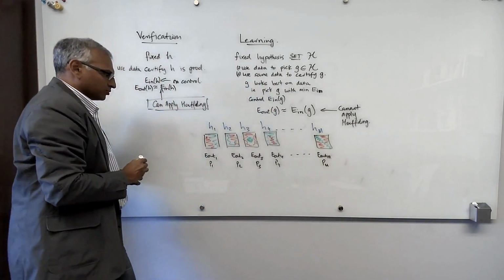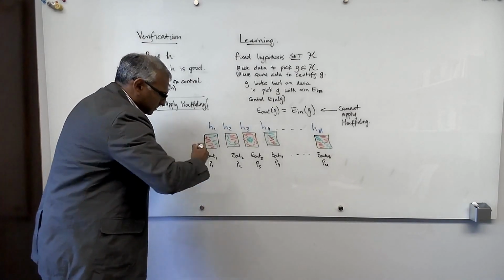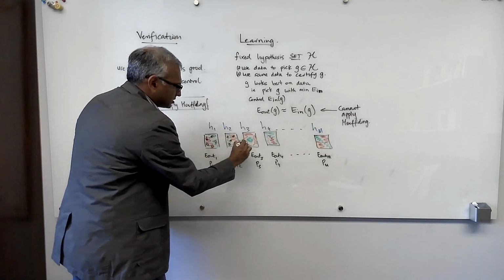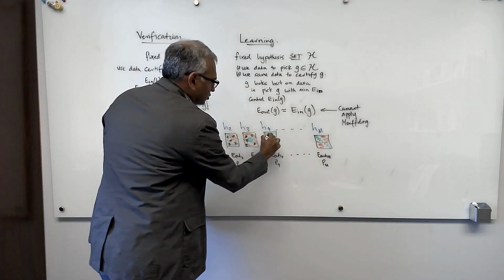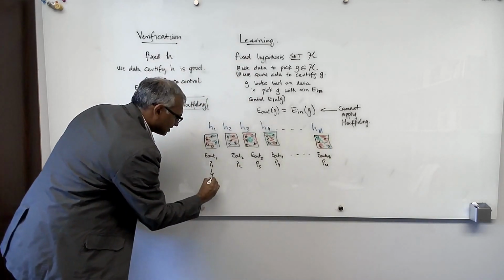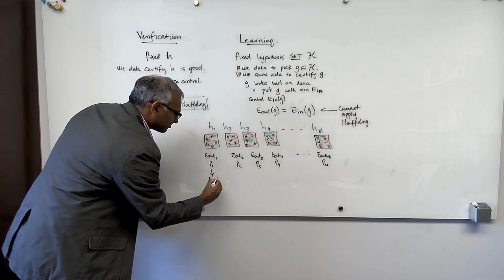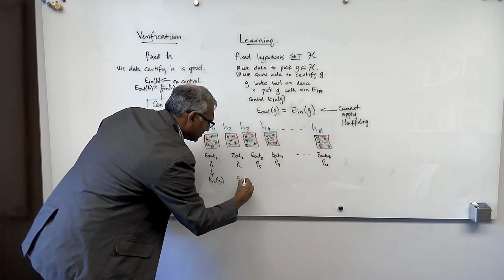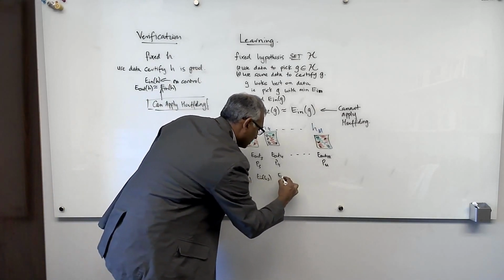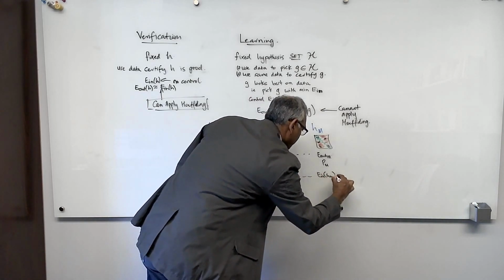Now, you generate a data set. You generate some points, and it's the same points for each, and you use these points to evaluate each hypothesis. Each gets an E in: E in of H1, E in of H2, E in of H3, E in of H4, and so on, E in of Hn.